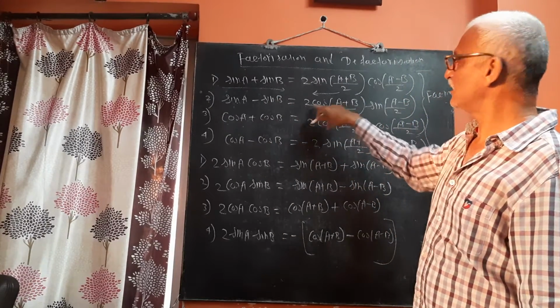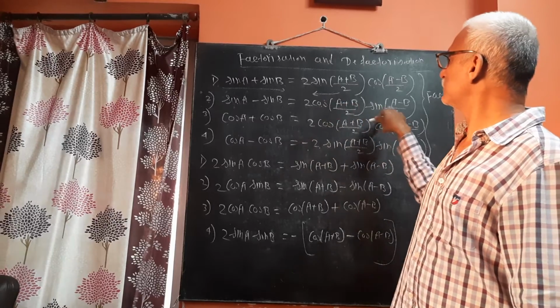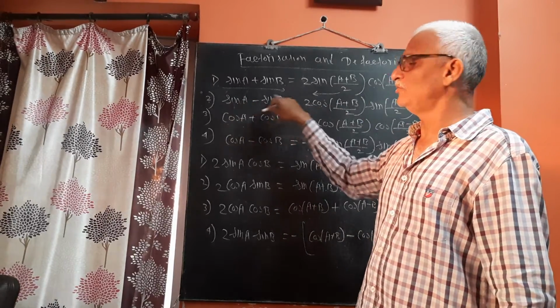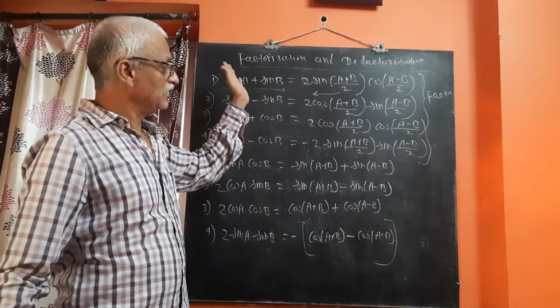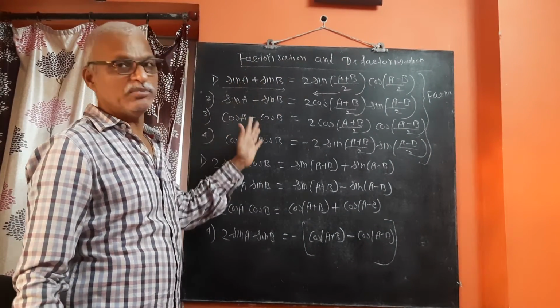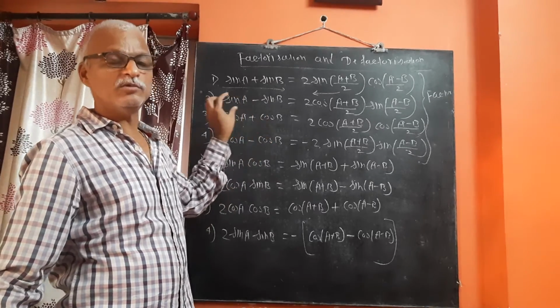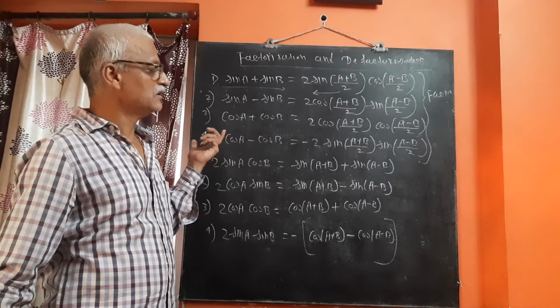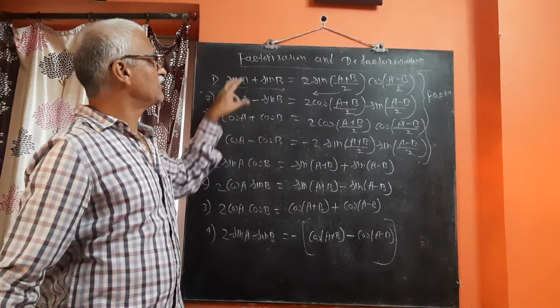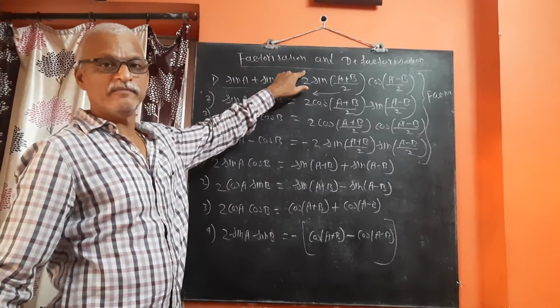The defactorization is opposite: the multiplication of cos and sin is the subtraction of 2 sin. In this way it is very simple to remember the formulas if you remember them as a sentence. So these are the formulas of factorization and defactorization.